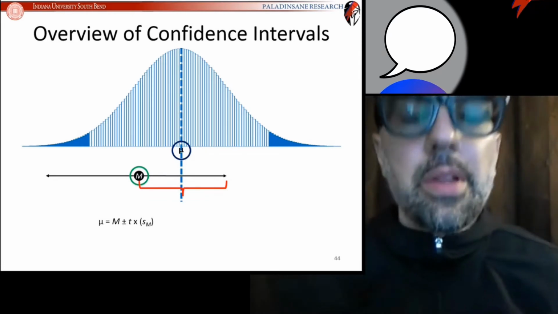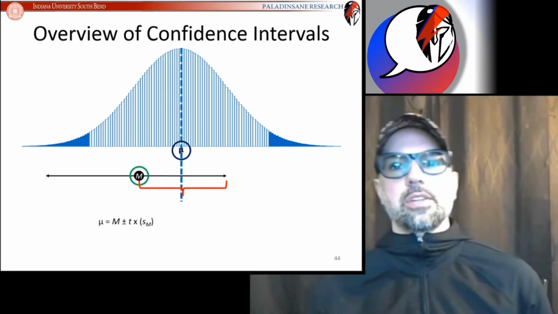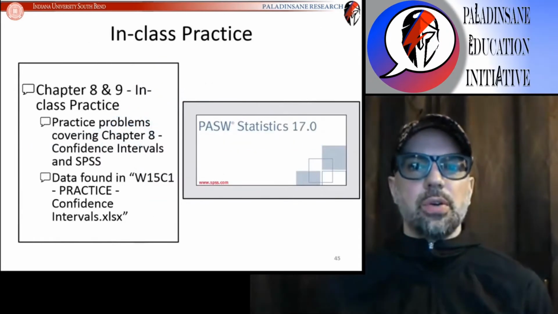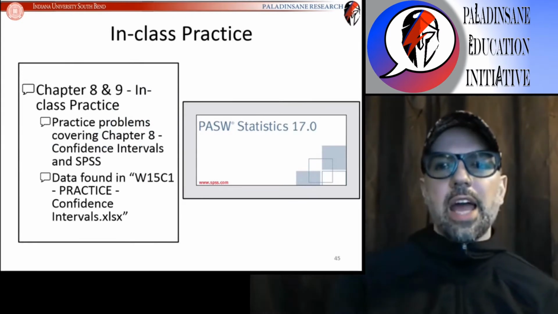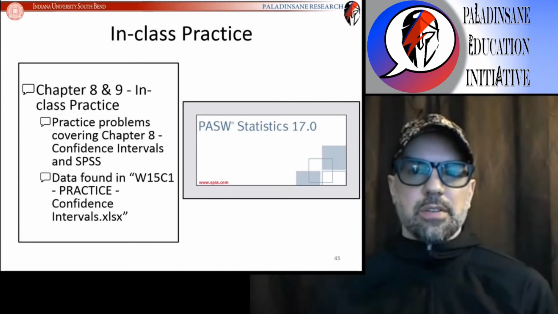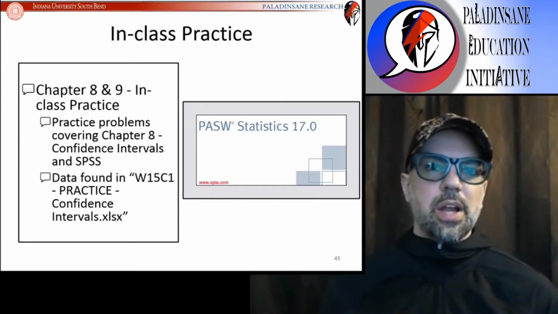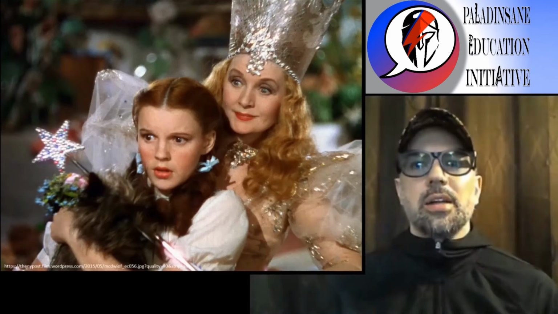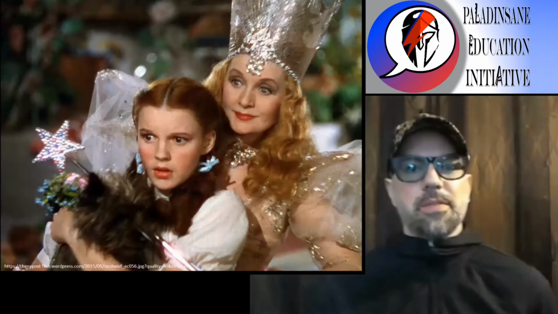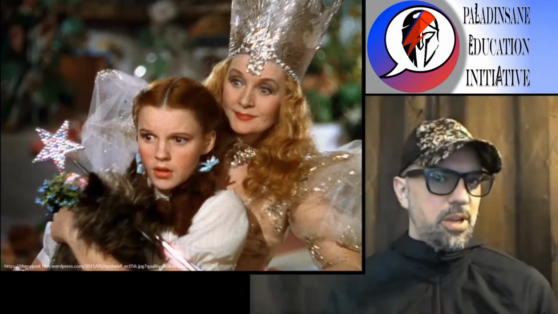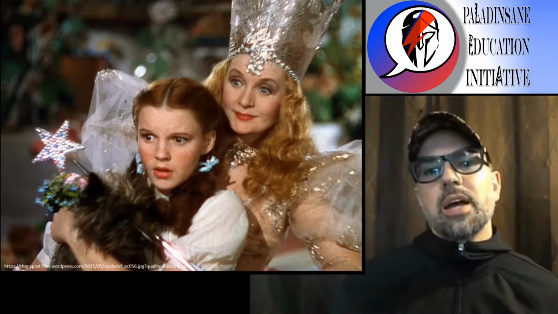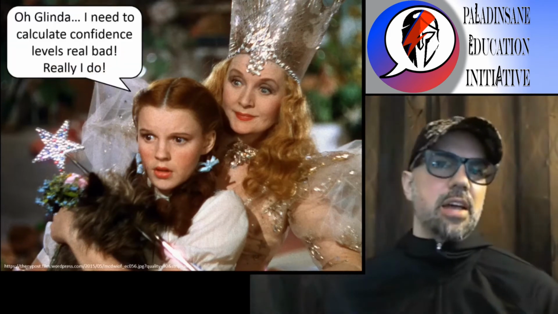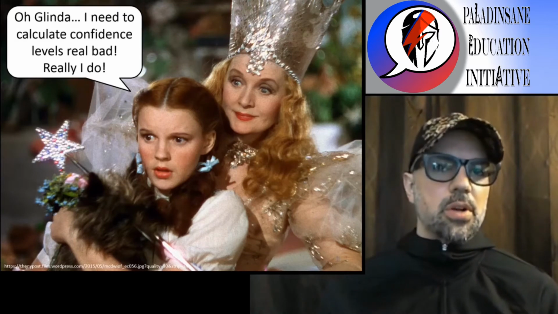All right, so now that we know what we're doing and what confidence intervals are, we are now going to turn to a little in-class, follow-along practice on how to actually calculate these confidence intervals. Before we begin, I just want to let you in on a little secret. You've been in a bit of a Dorothy in the Wizard of Oz situation, because you have been asked to calculate confidence intervals in some of your homework assignments.